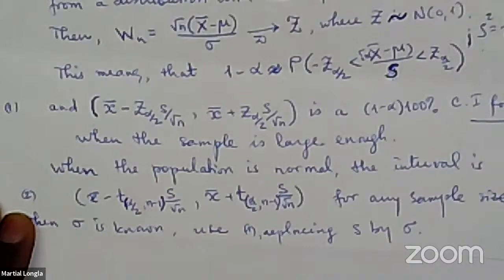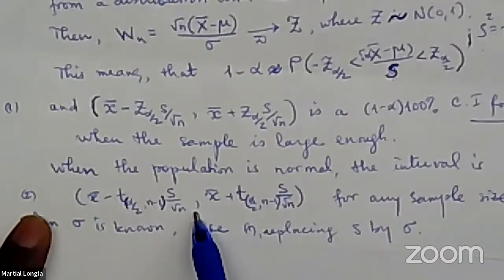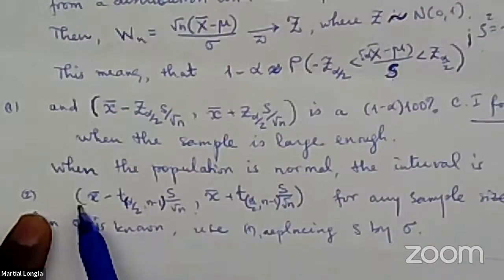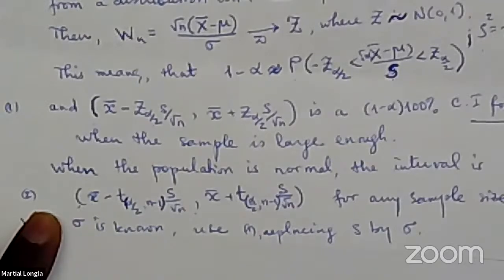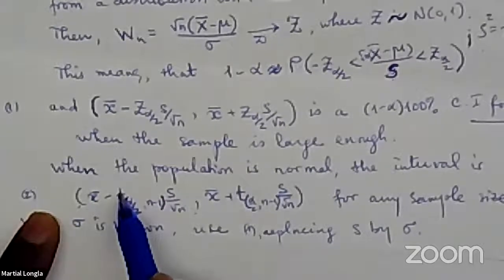So in that specific case, it is a lot better to use this other confidence interval because this is no longer an approximation. This is an exact confidence interval in the case when the population of interest is normal. So the exercise tells you that the observations are selected from the normal distribution. In that case, this is the confidence interval that you're going to construct using a t instead of a z.